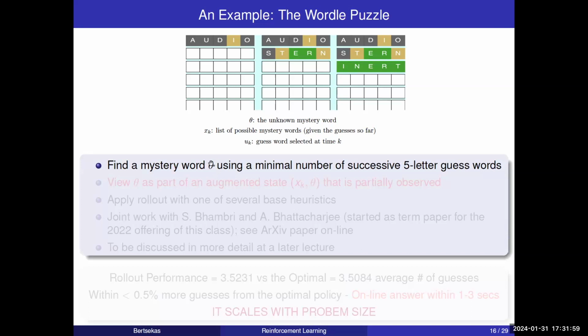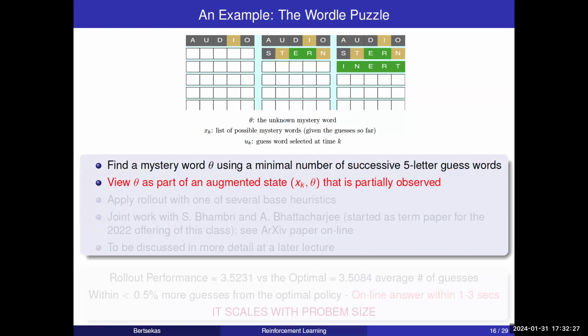This simplifies the problem a great deal. However, we view theta as part of the augmented state, with x_k, the state, being the list of possible mystery words. So initially, the list of possible mystery words is 2,500 long. After you get the first guess, that list shrinks because some words are eliminated, being incompatible with the guess. It shrinks and shrinks and shrinks.